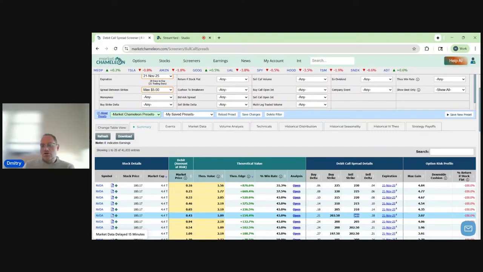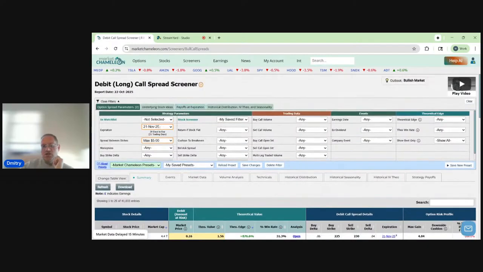Now, what we're going to do first is expand. Right now, we're defaulted to November 21st, but let's expand the number of spreads we're looking at. I'm going to drop this down, and we're going to do any expirations that expire in the next 30 days.